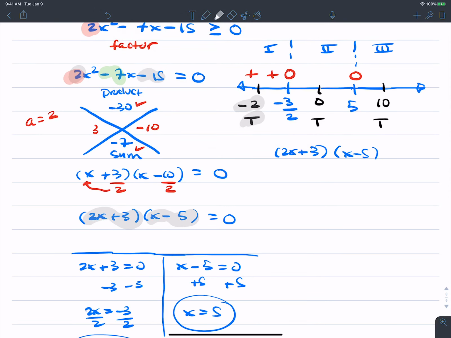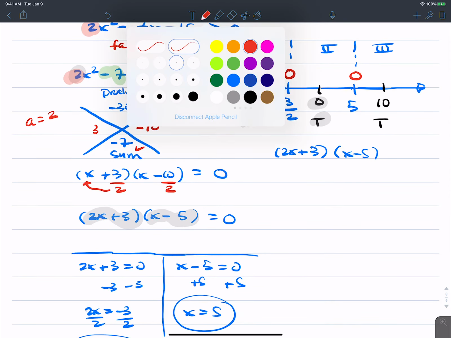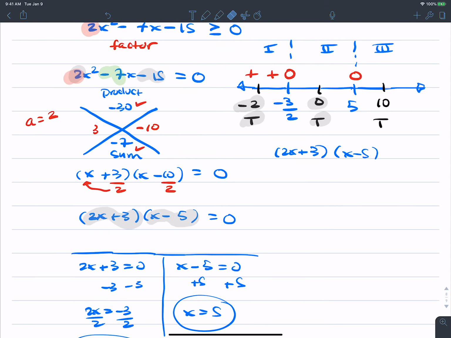You're now going to test 0 here. So when you plug in that 0, you get 2 times 0, which is 0, plus 3 gives you 3. 0 minus 5 is actually -5. So a positive times a negative gives you a negative region.